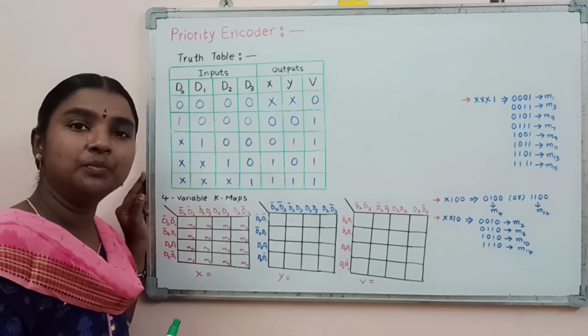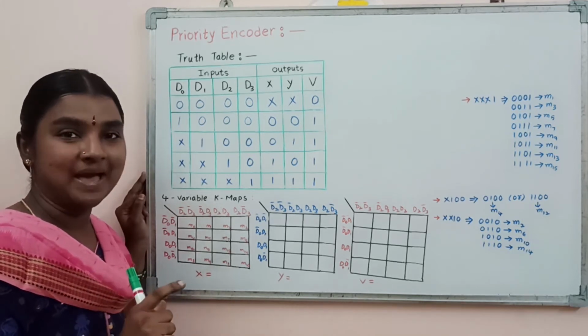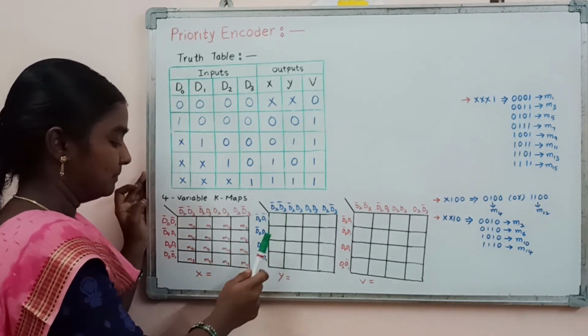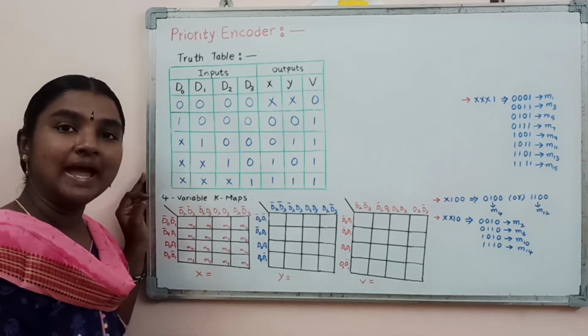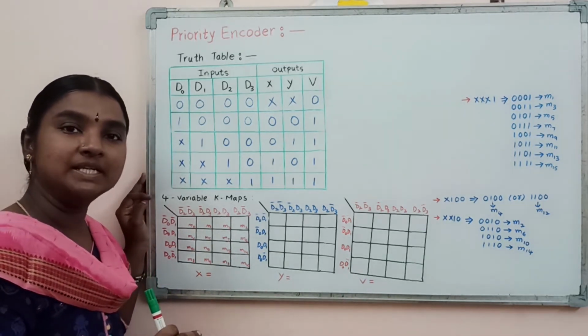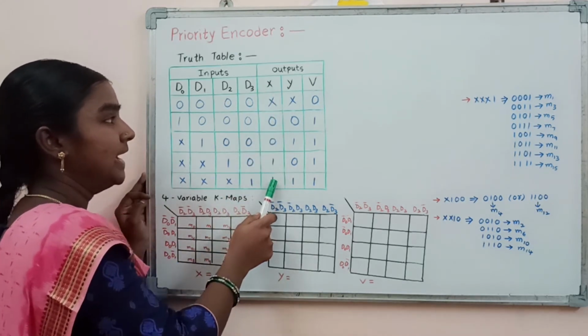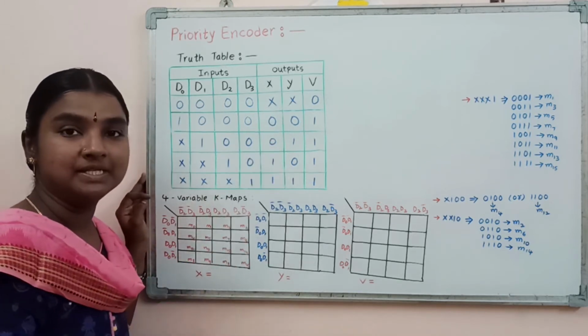To find the Boolean expressions, we need to use 4-variable K-maps. So here I considered 4-variable K-maps for X, Y and V. Here we have to consider the ones in the X output, and we need to assign don't cares in the K-map itself.